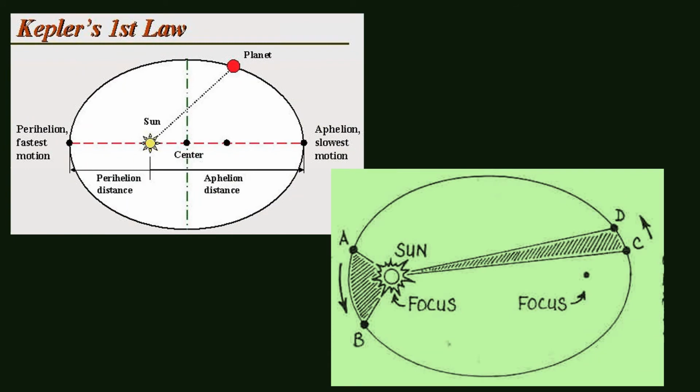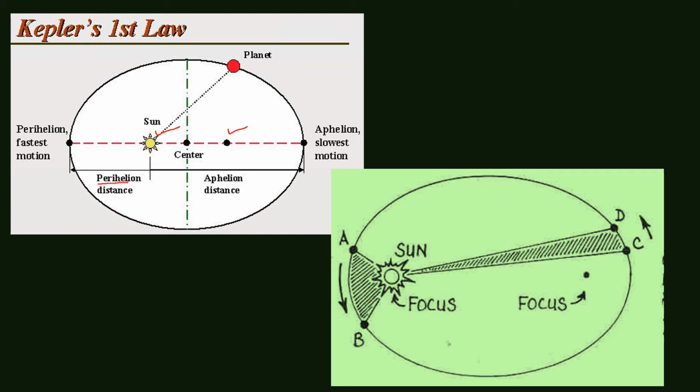So let's go back and talk about the first law. We have the 2 foci, one here and one over here. The sun is at one, it could be anything. Then we have the planet that is going to be orbiting around the sun.